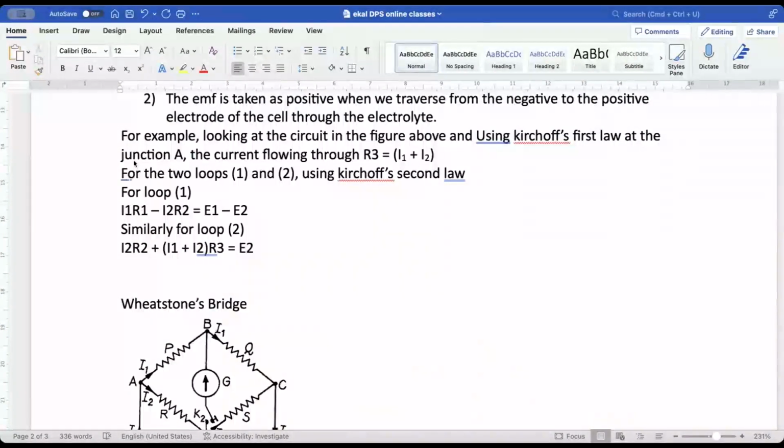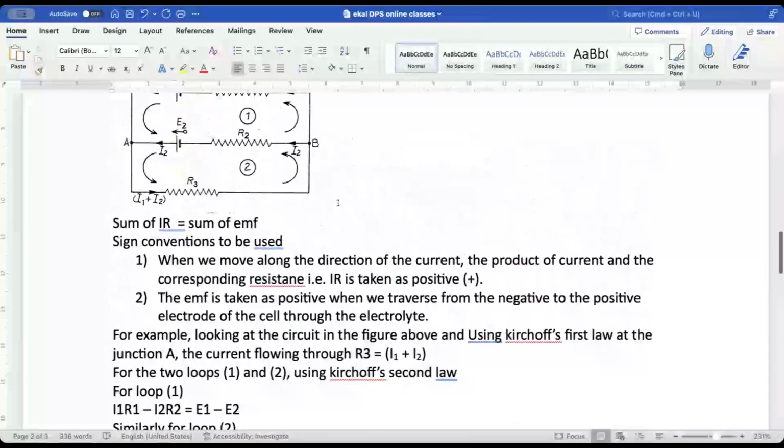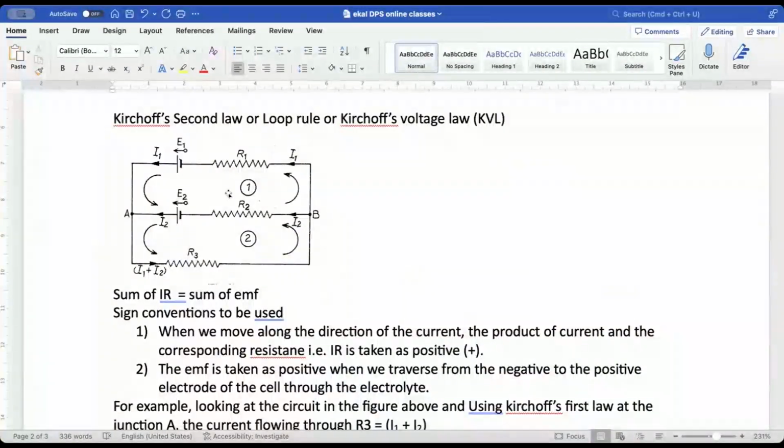So using these tactics, by selecting the loop, we have to find, while using Kirchhoff's law, be very careful at the junction. We can apply the junction rule, which is applicable for the current, right?